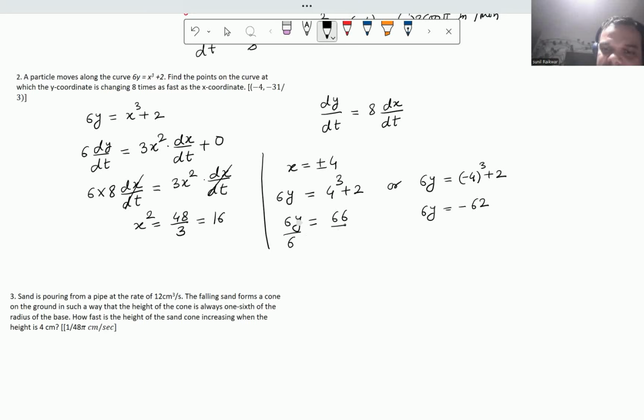Divide both sides by 6. So y is equal to 66 over 6; you can reduce by 6, so simply you will get 11.